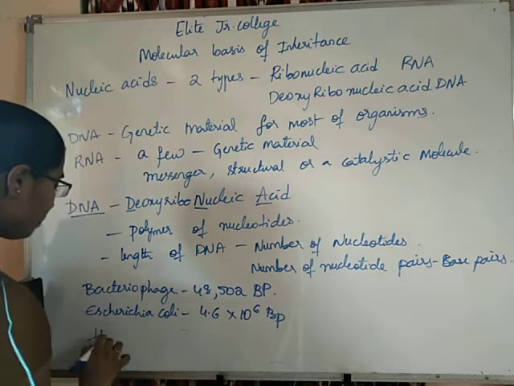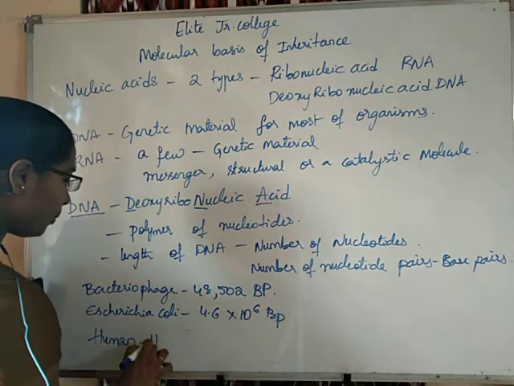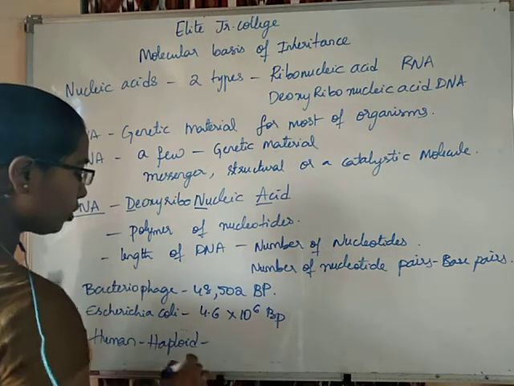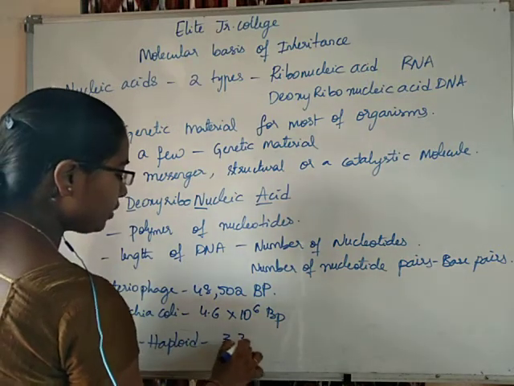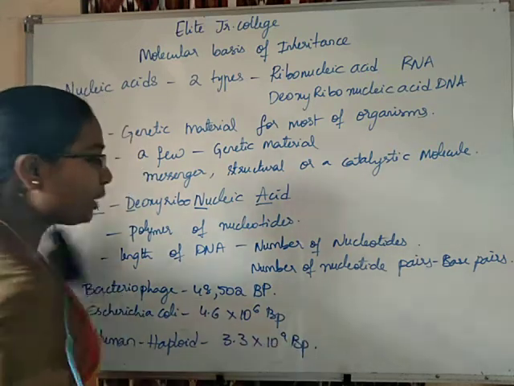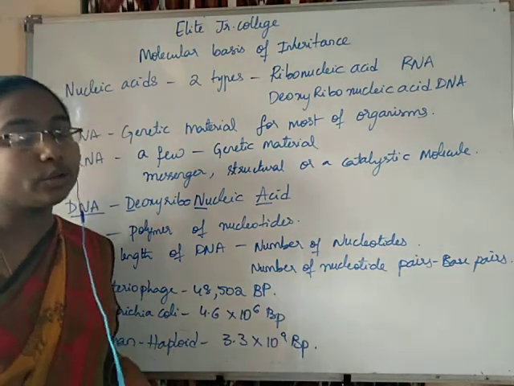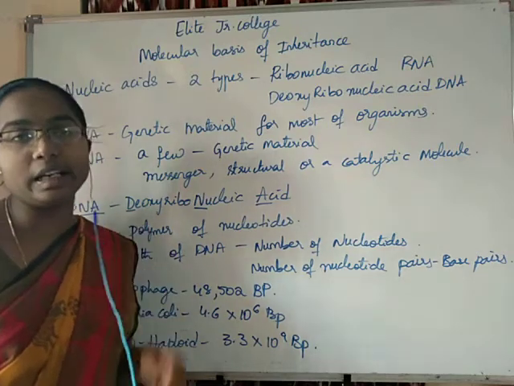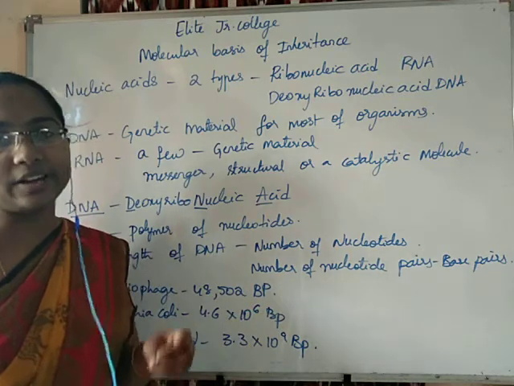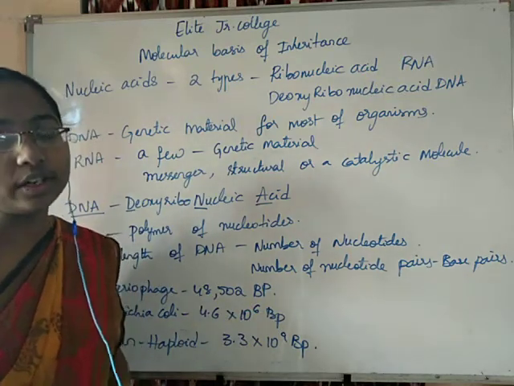If you consider human beings, in a haploid set of chromosomes, they contain 3.3 into 10 to the power of 9 base pairs. In that way, the number of nucleotides is characteristic to every individual, okay.